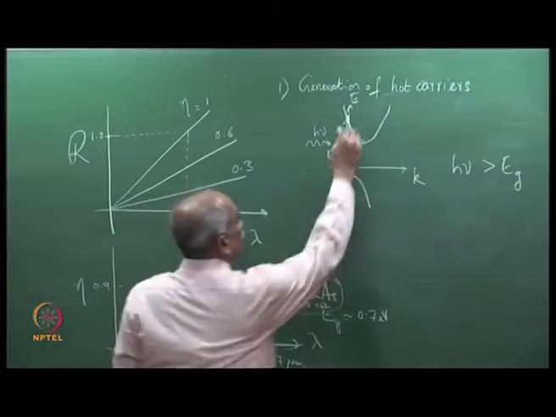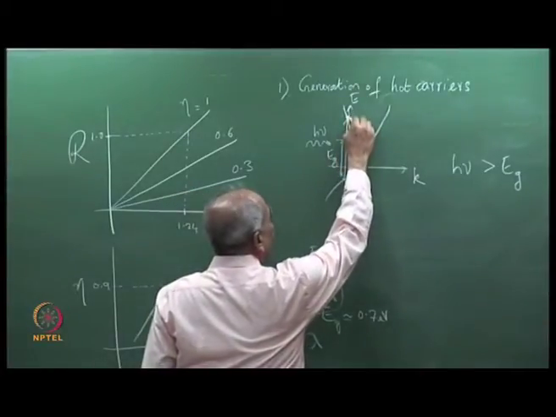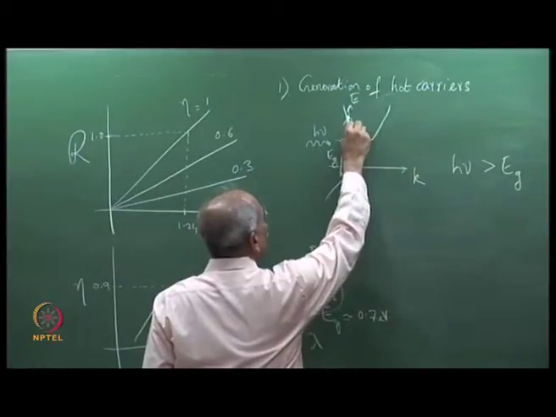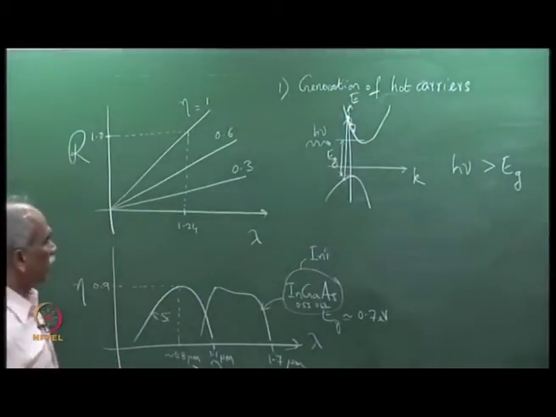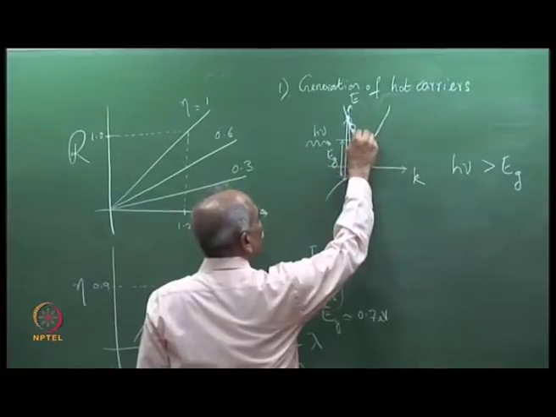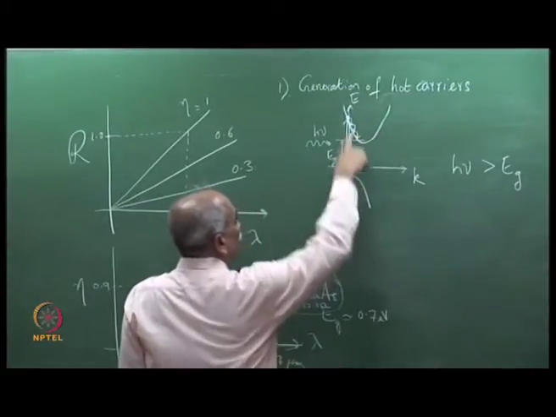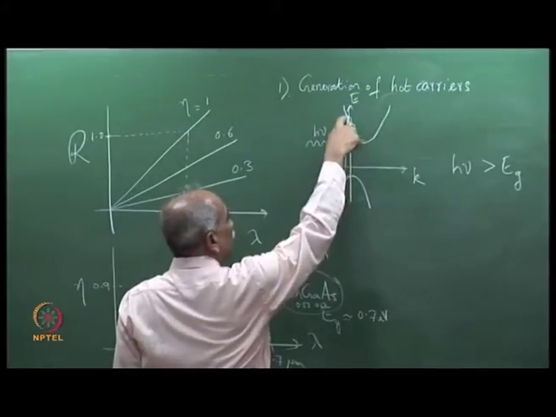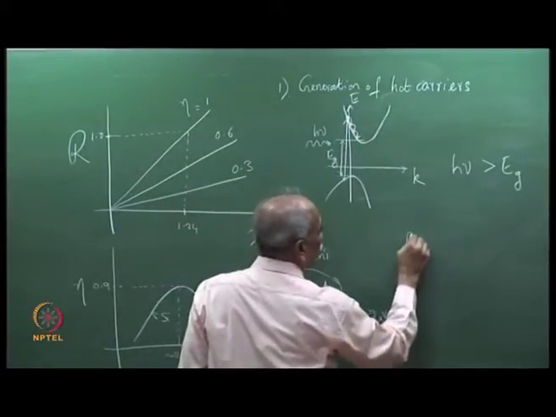So this generated carrier starts coming down by thermalization, the process called thermalization. We have discussed this earlier, and it comes down to the bottom of the band. In the process of thermalization, it gives off the difference in energy as phonons.